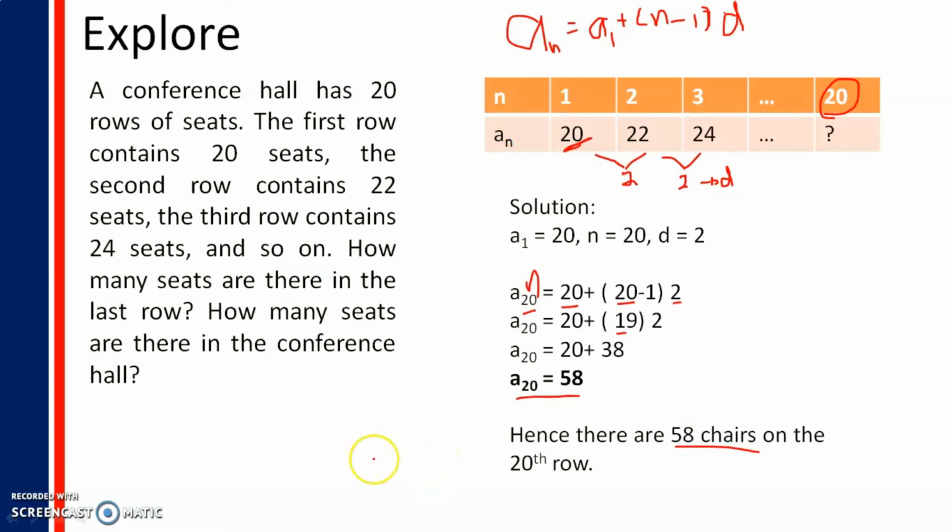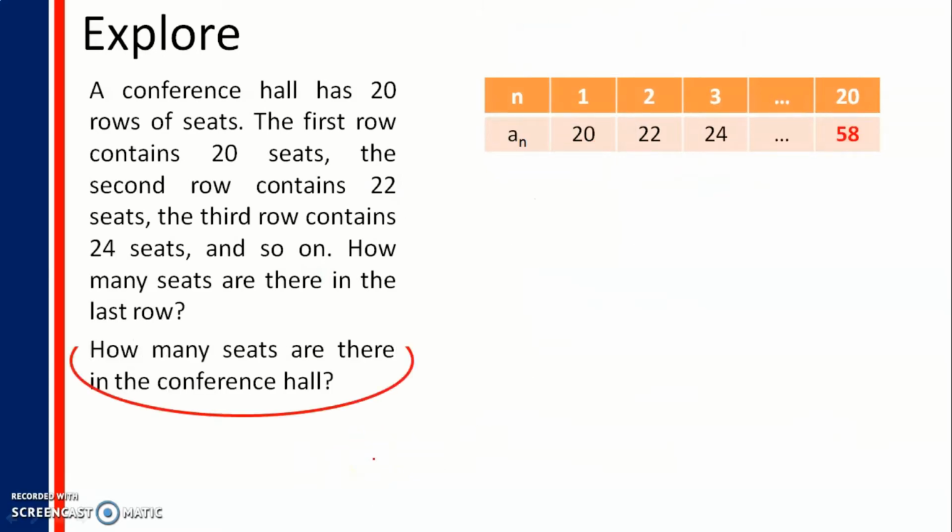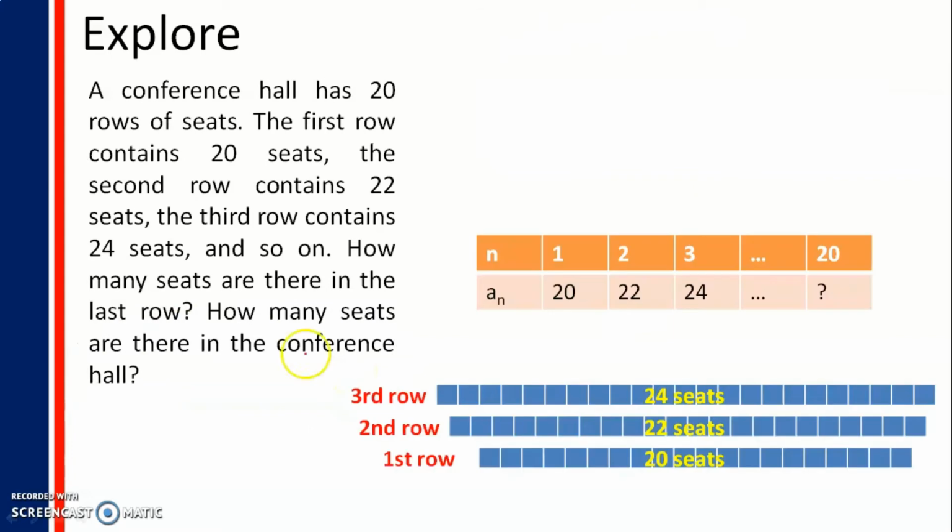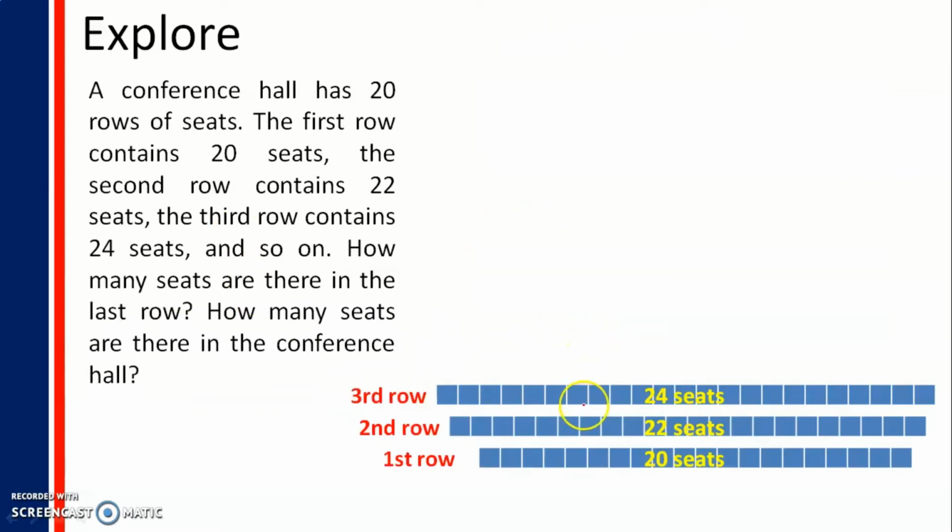What if we have this question over here? How many seats are there in the conference hall? Let's go back to the number of seats. This is our first row, second row, and third row. It says we have 20 rows of seats inside the conference hall. Imagine the work we would have to do just to get the number of seats in the 20th row, or the total number of seats in the conference hall.